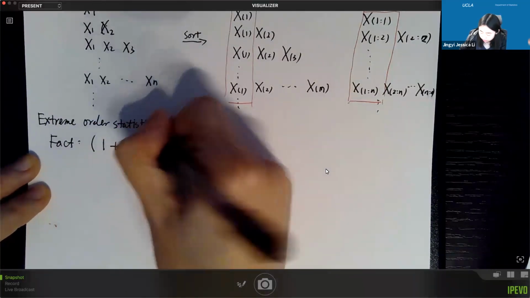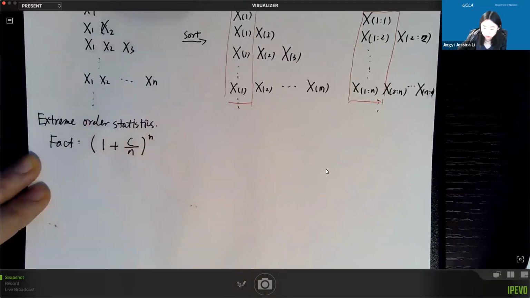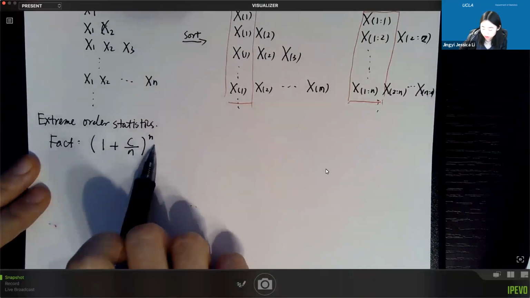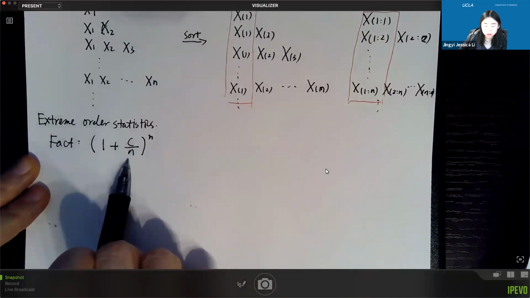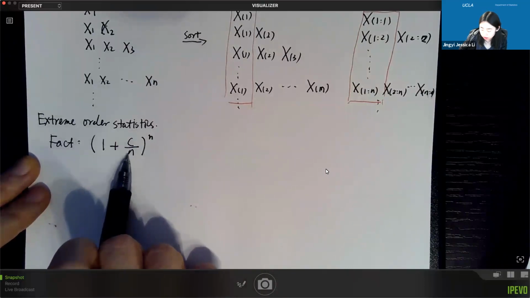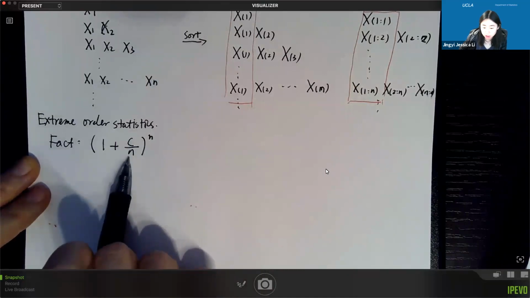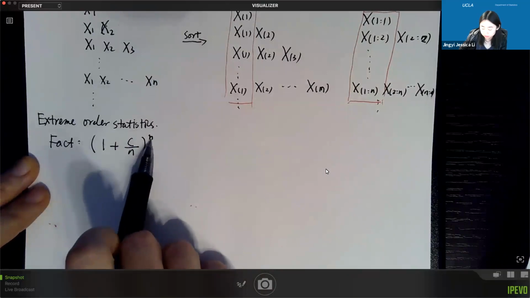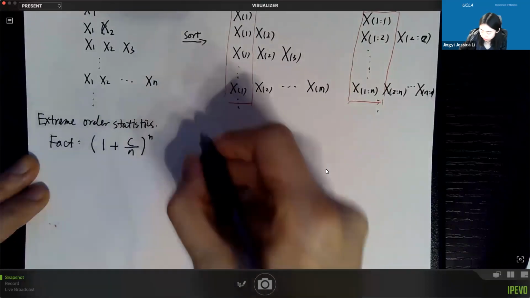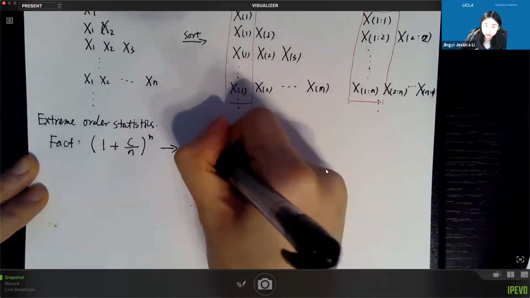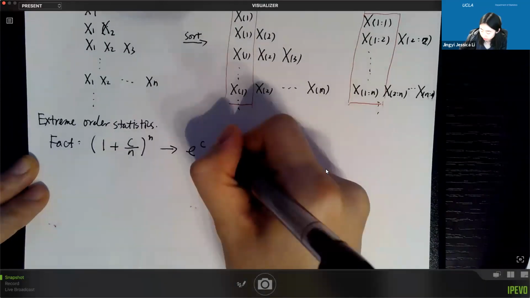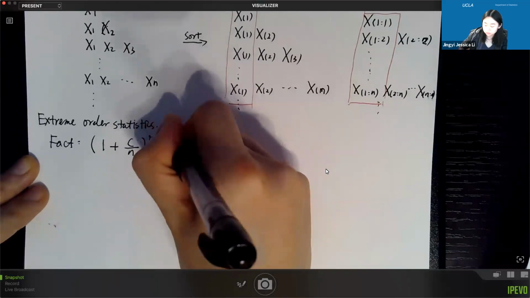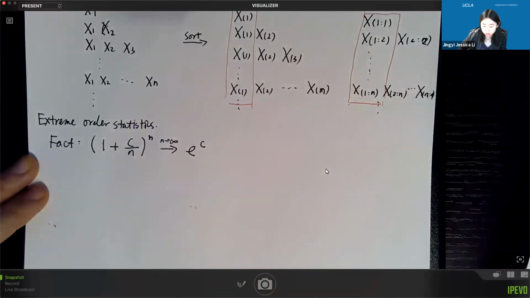All the asymptotics actually have their roots in calculus. In this number, we have n in the power and n in the denominator. Very interestingly, as n goes to infinity, the ratio goes down to 0, but the power is increasing. So what will be the limit? It's actually exponential: this converges to e to the c as n goes to infinity. This is the fact we are going to use.